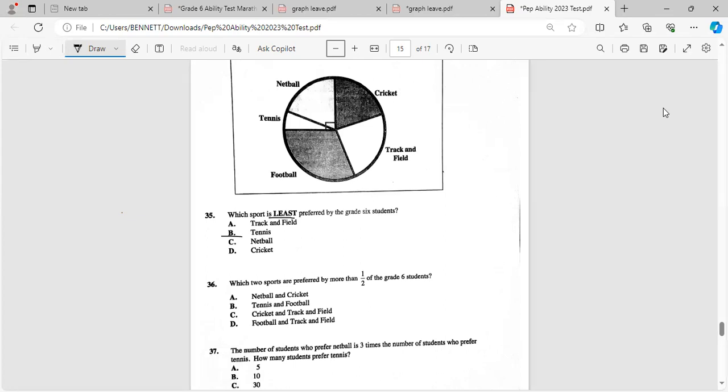I think so too. I agree, because football is basically almost a physical sport. If you draw a line right here and form a semicircle, they have the most. But the question says more than half. So if you cut it in two, this is a semicircle, and these two have more than half.